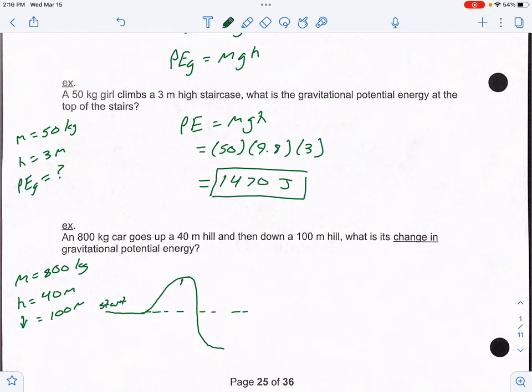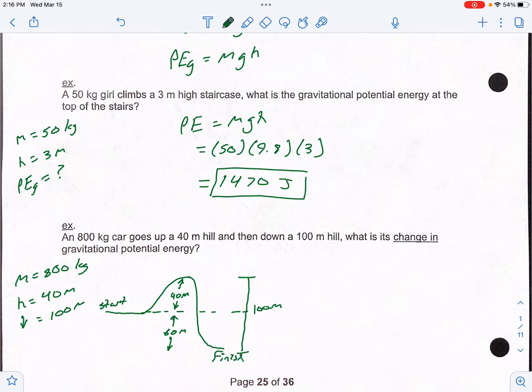I went up 40 meters and then down 100, so the distance from where I started to the bottom of the ground is going to be 60, because I know my entire distance going down was 100 meters. So we finished down here at the bottom.